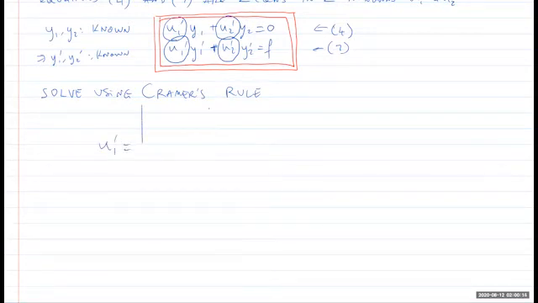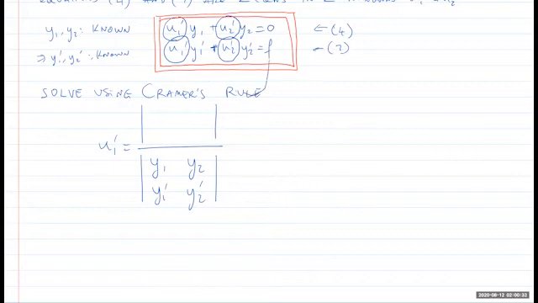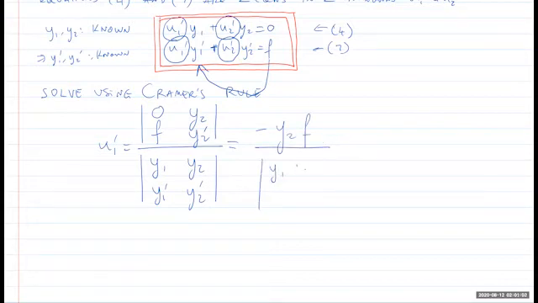Cramer's rule says the solution is some determinant divided by another determinant. For u1 prime, the denominator will be y1, y2, then y1 prime, y2 prime. For the numerator, I replace the u1 prime column, so the determinant will be 0, y2, f, y2 prime, which is equal to just negative f, y2 on top, divided by this denominator, y1, y2, y1 prime, y2 prime.